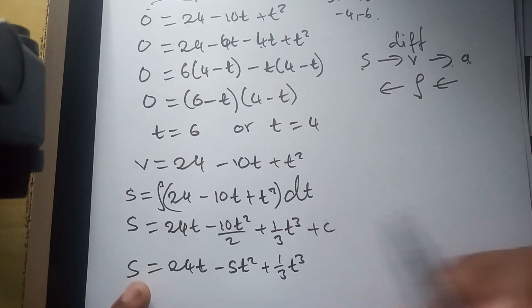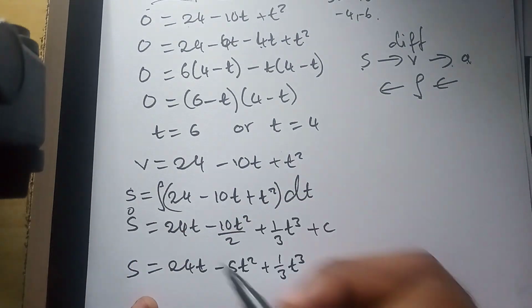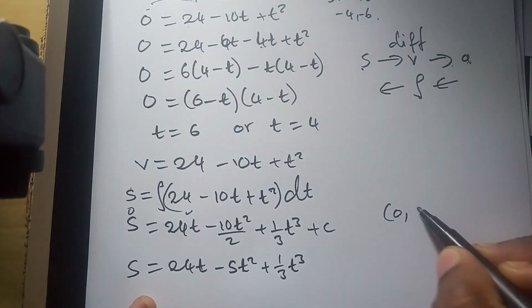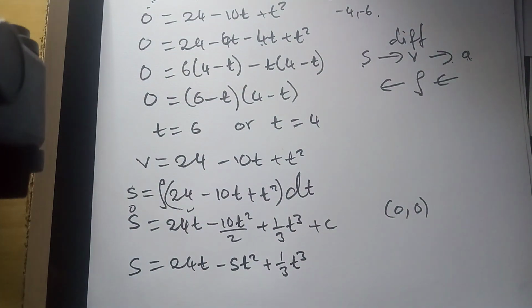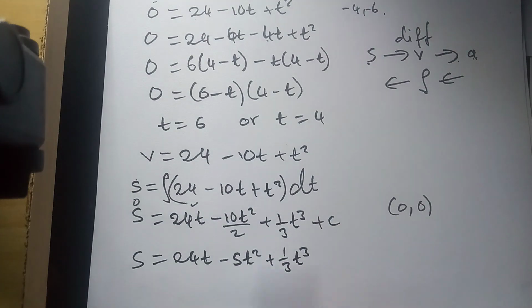If you want, you can substitute and test using this point, the origin 0, 0, and then you realize that your C will be 0. So this is my function.